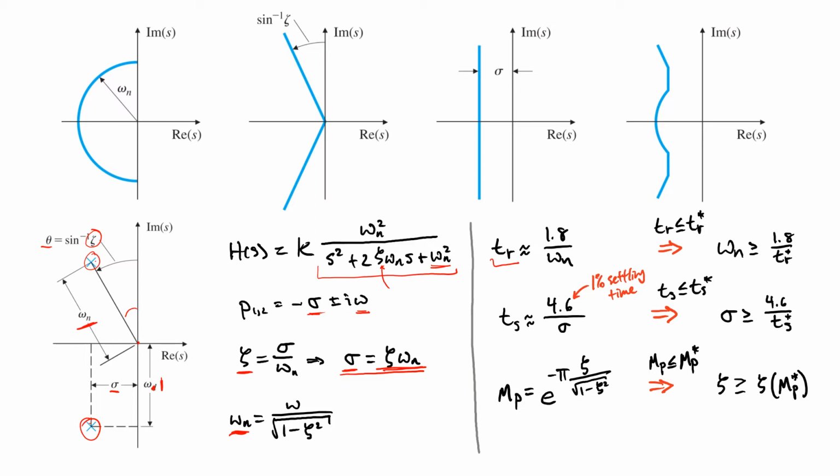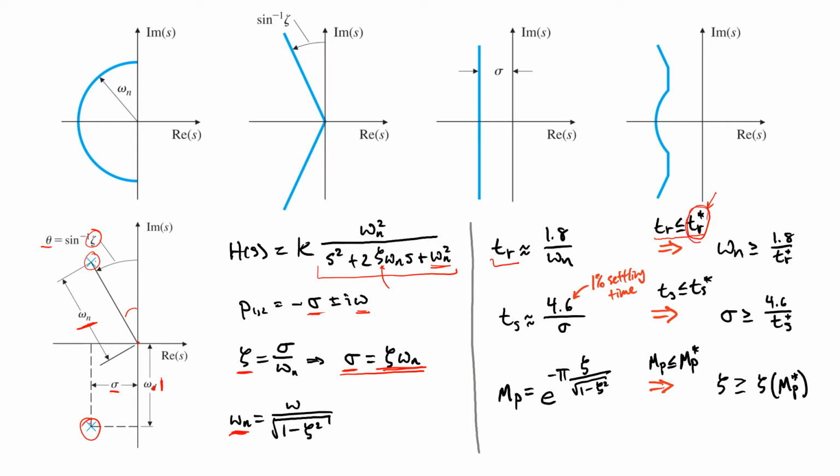If we want to achieve a rise time less than or equal to some desired rise time, say 1 second, so T_R star, where the star represents desired, we'd say we want the rise time to be less than or equal to 1 second.